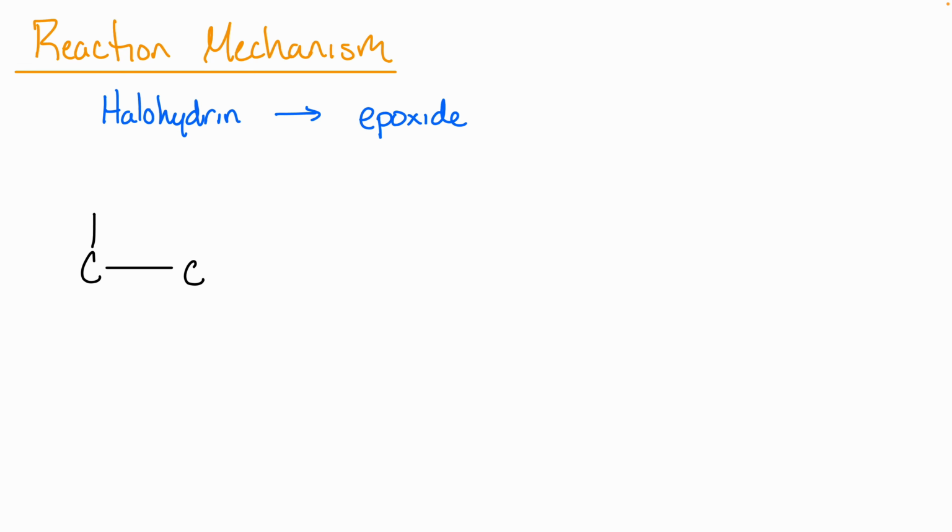All right, a halohydrin, remember, has an OH group and a halogen, all in the same molecule, located next door to one another.